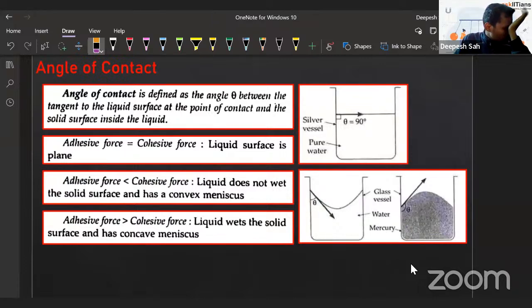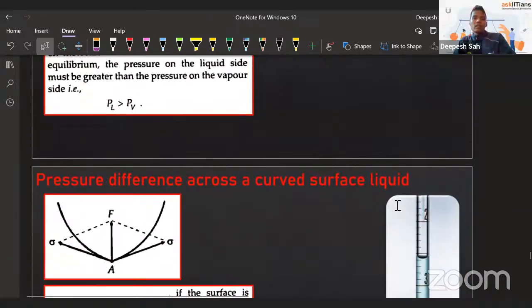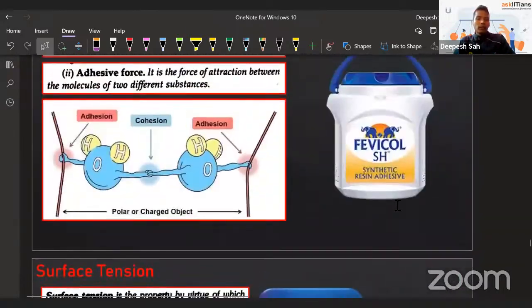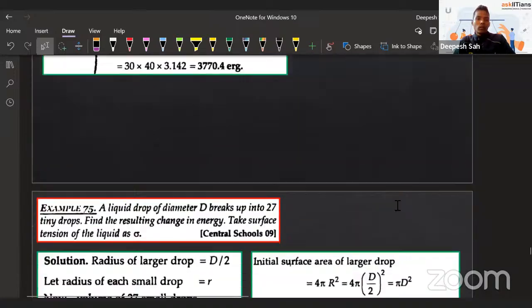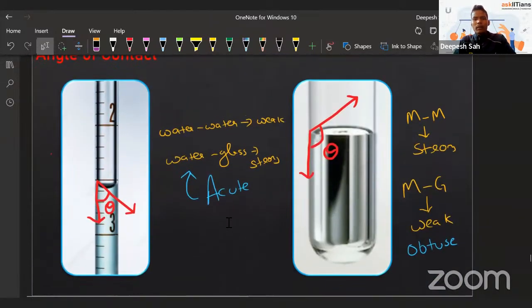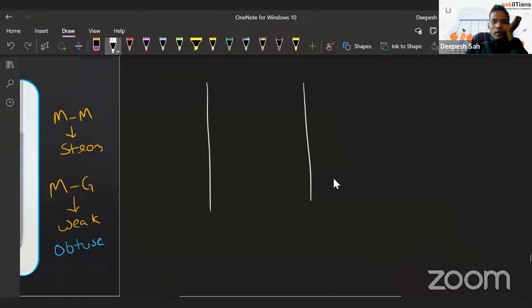The angle which is over here is known as the angle of contact.